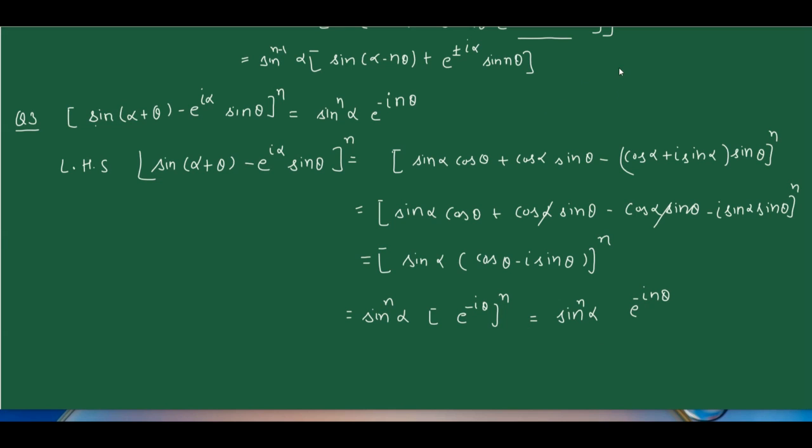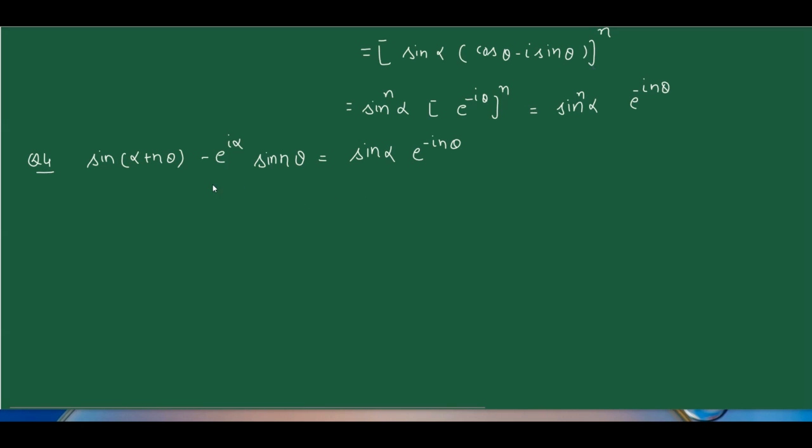Now we move to question number 4. So here is question number 4. Again we will start from the left hand side. So what is the left hand side? Sin alpha plus n theta minus e raised to power iota alpha sin n theta.